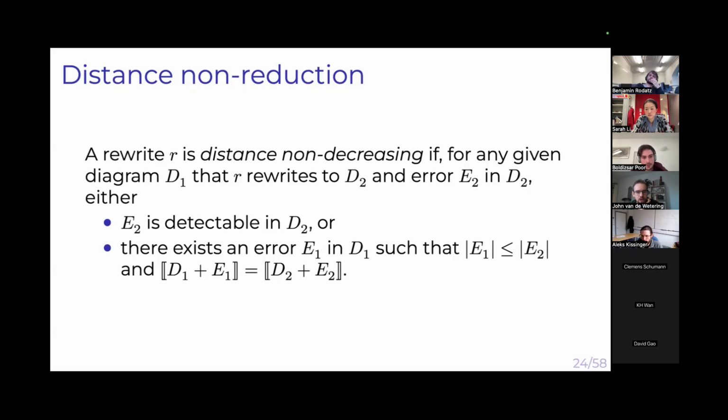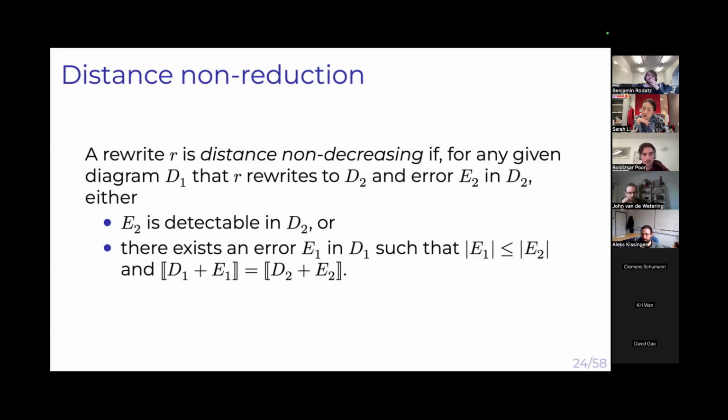Are you here saying that in the first case they're detectable, so the second case is only relevant if it's an undetectable error, this E2? Yes, exactly. Both these interpretations have to be 0, essentially, right? It's detectable if it zeroes out the diagram. Oh, undetectable means it's non-zero. Okay, yeah, I got the thing wrong. Okay, yeah, makes sense.